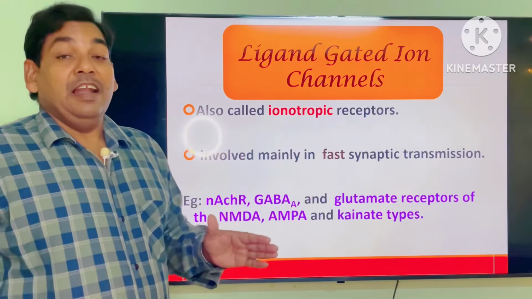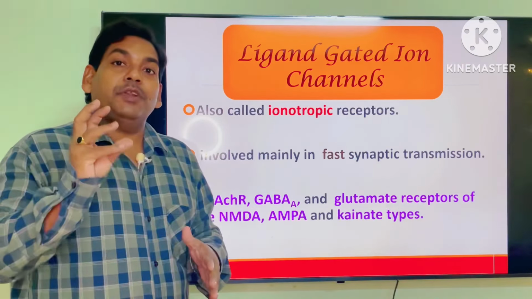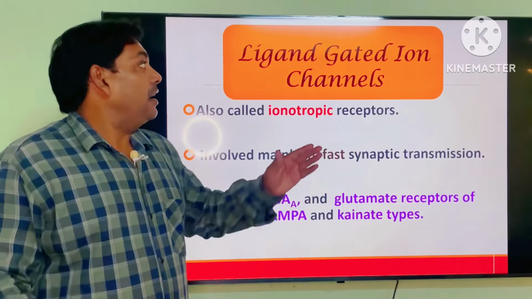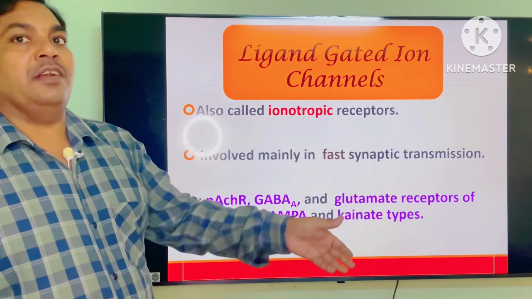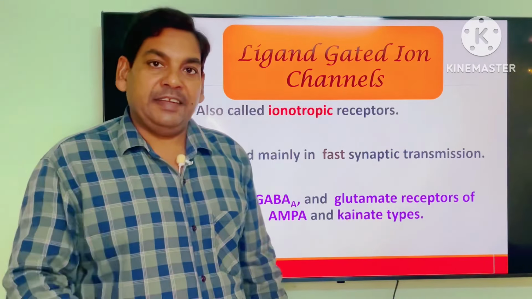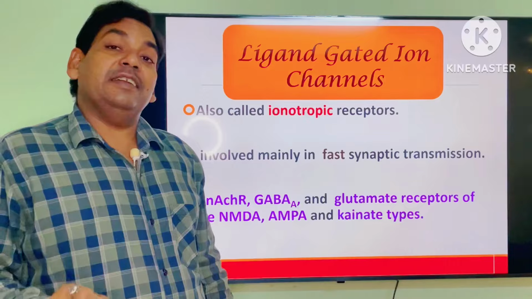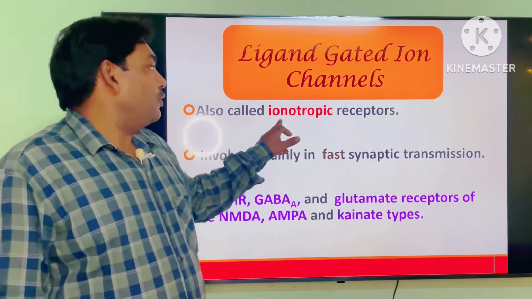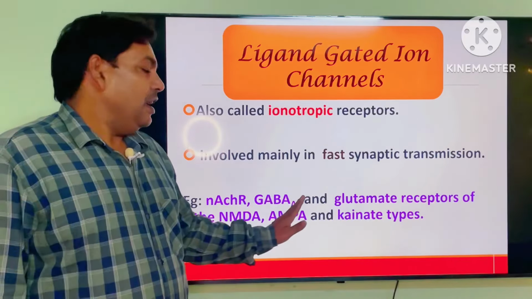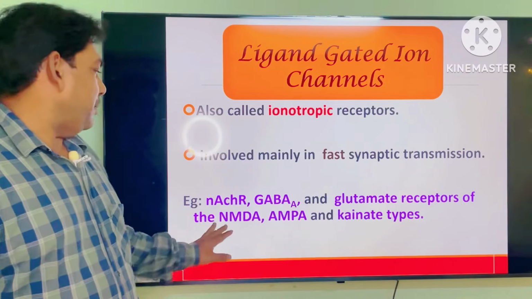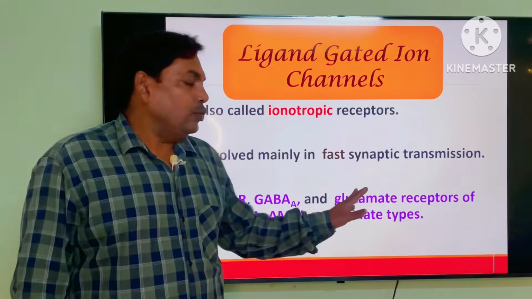What is a ligand? A ligand is any molecule that binds, and after that the gate opens and ions pass from external to internal. That is known as a ligand gated receptor. It is also called the ionotropic receptor, the fastest receptor. Examples are GABA receptor, nicotinic receptor, and glutamate receptor.